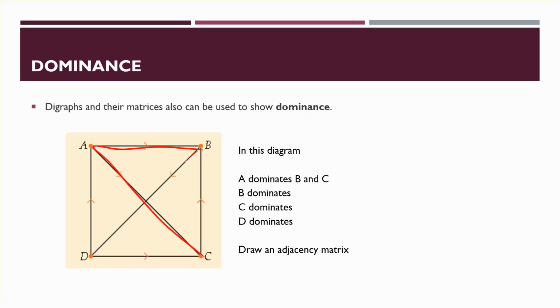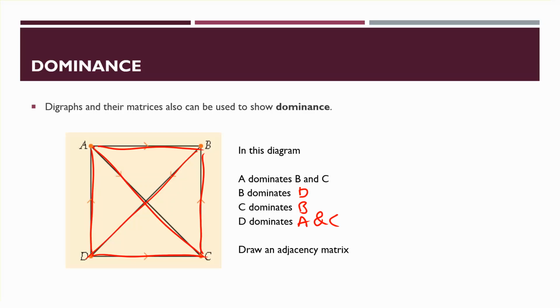Well, B dominates D, and that's it. So that would be the answer. Who does C dominate? Well, that dominates B. Who does D dominate? That dominates A and C. And then we would draw an adjacency matrix to represent this.